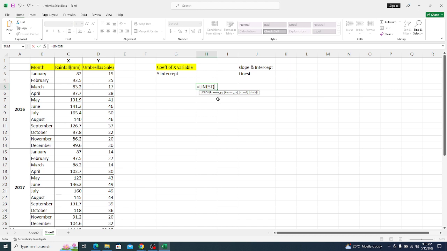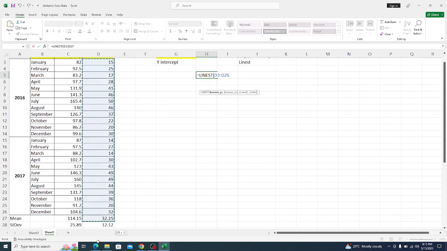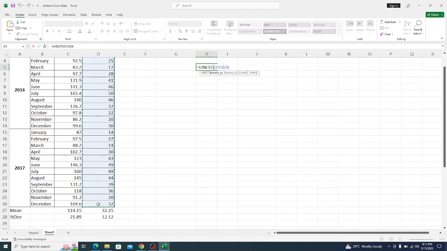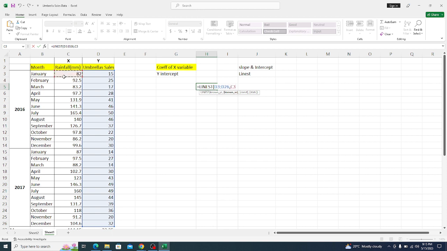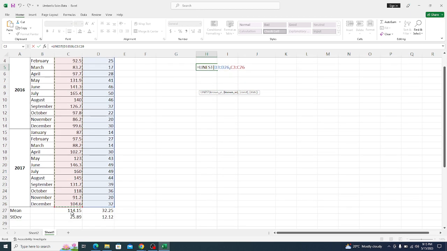Here we need the known y's and the known x's, and we have them here. This will be our known y values, then comma, known x values.